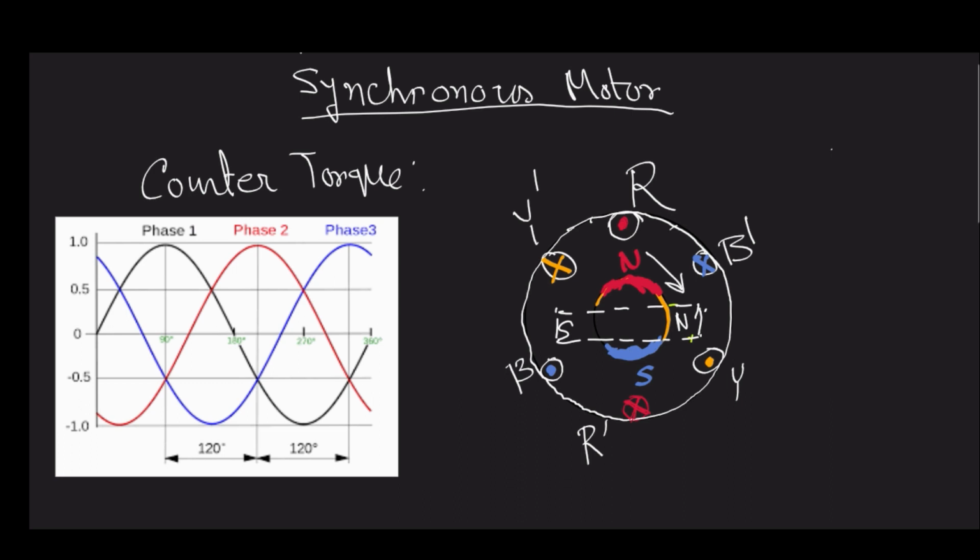Don't get confused if you compare it with the books. You may find a different result, but I think this diagram is correct, because first of all I have verified it using Fleming's right hand rule.